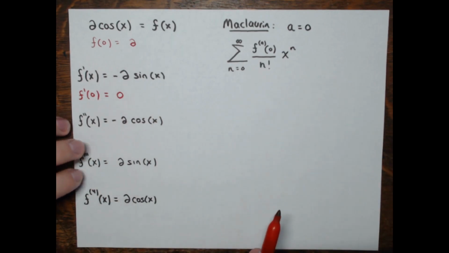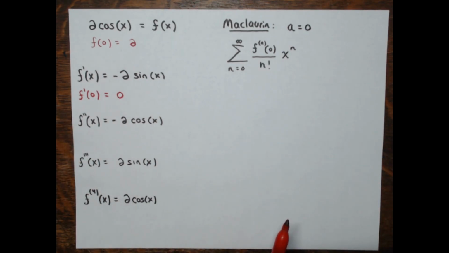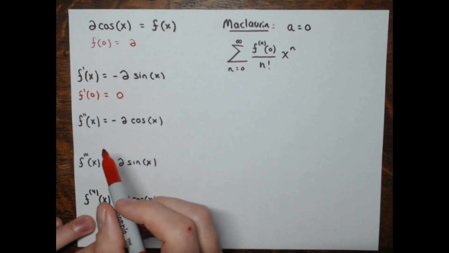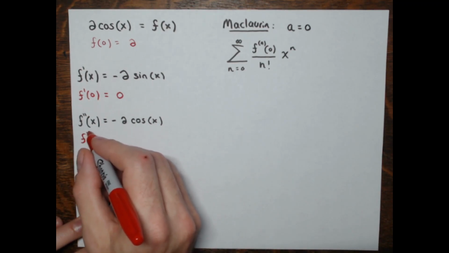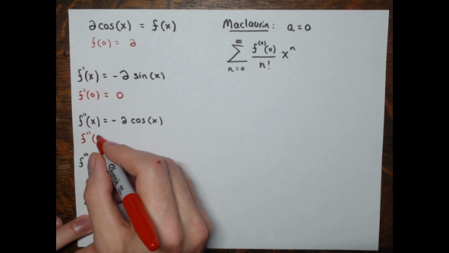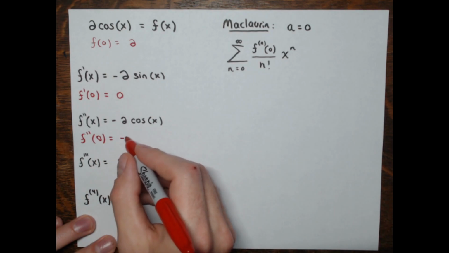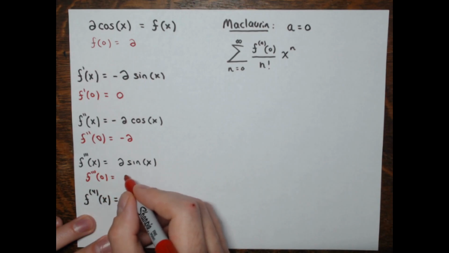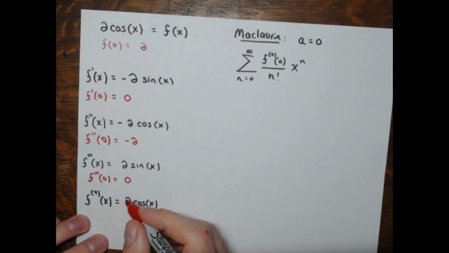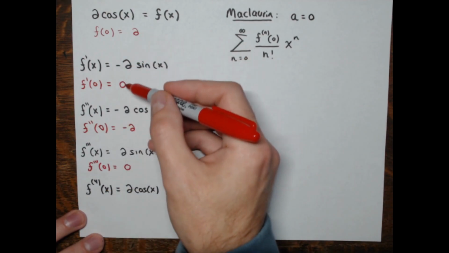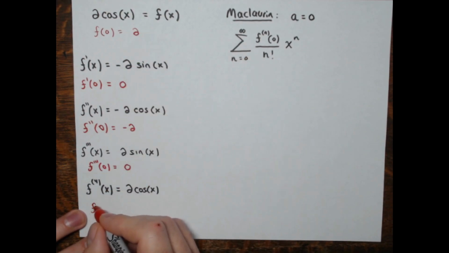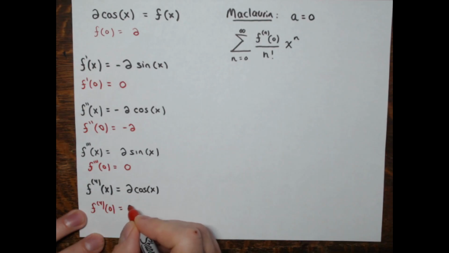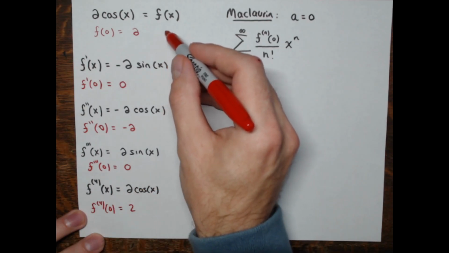So all the odd powers of my polynomial are going to be nothing. The value of the second derivative at 0 would be -2. The value of the third derivative at 0 is 0 again, since sine of 0 is 0. And then we just start over: these 2, 0, -2, 0 just keep repeating. The value of the fourth derivative at 0 is back to 2 again.